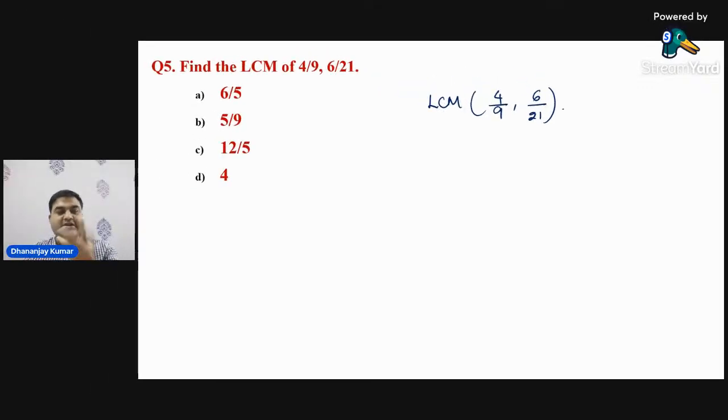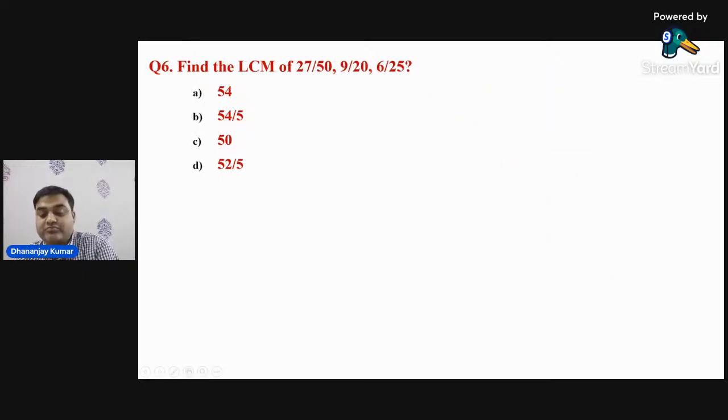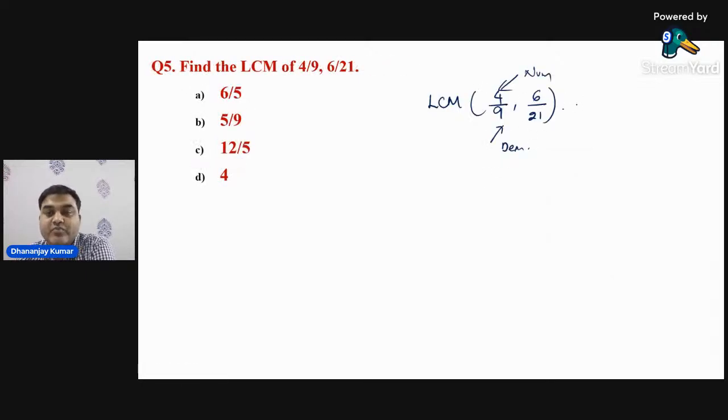So Manjunath has got the right answer. Very good. Manjunath, if I'm not wrong, what you would have done is, whenever people try to find the LCM of numbers given in fractions, you try to equate the denominator part. This is called numerator and this is called denominator, right? So you have to make the denominators equal.